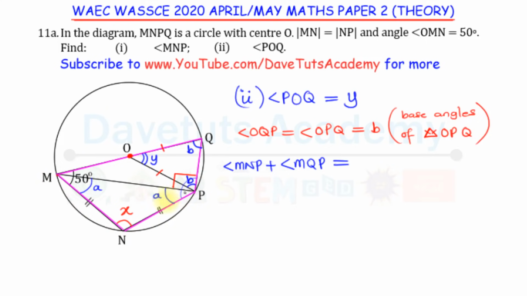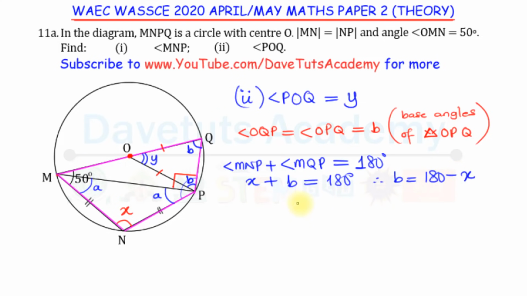So MNP, this x, and MQP, this B, will add up to 180 degrees because they are supplementary. So x plus B is 180 degrees. So our B will be 180 minus x.